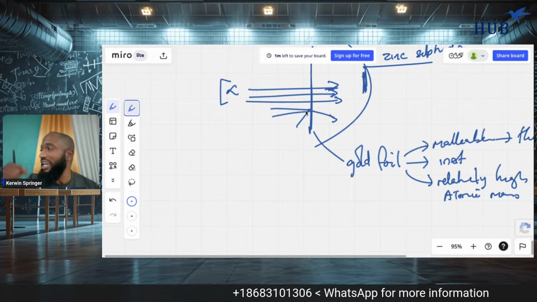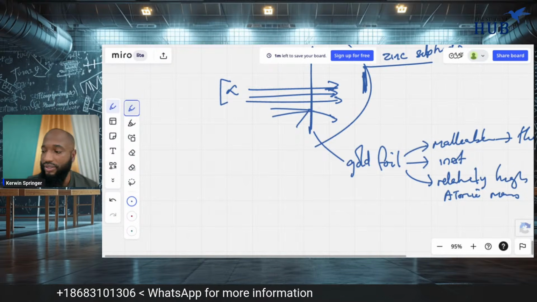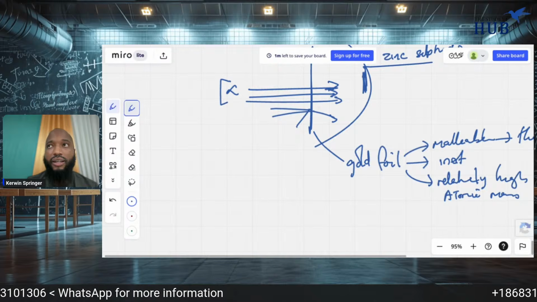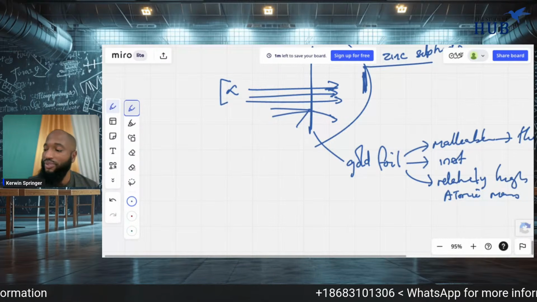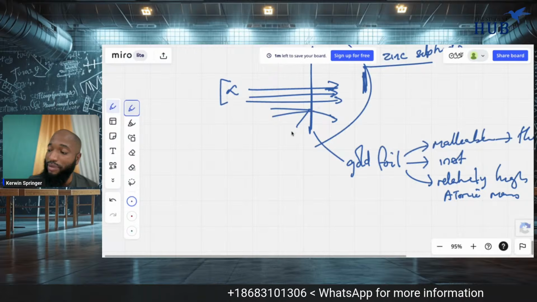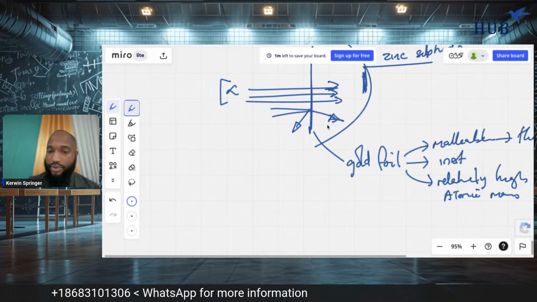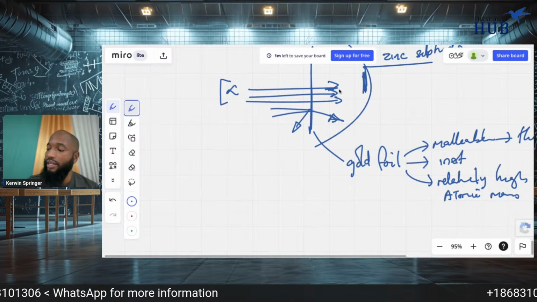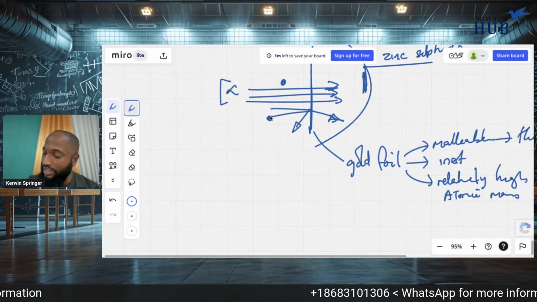No, there's a little adjective you'll see with deflected. Some are deflected and some are reflected backwards at high speeds. So say high speed. Okay, so those are the two observations. Most go straight through, some are reflected, deflected.